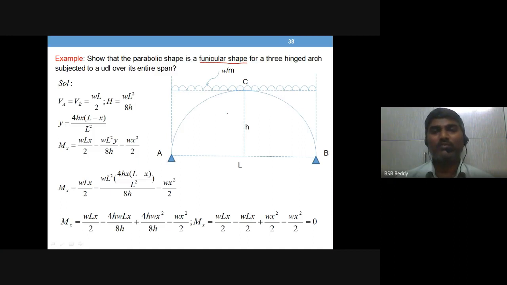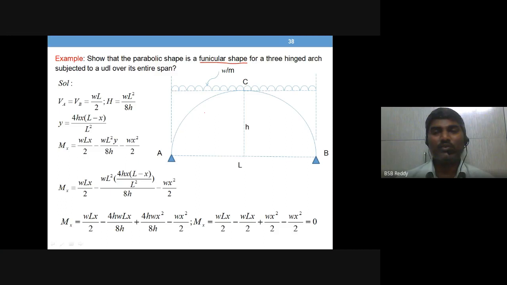So that is what we call theoretical shape, theoretical arch. Now in this case, where you have UDL over the parabolic arch, both theoretical and actual arch coincide. This is the other way of telling what is funicular shape.